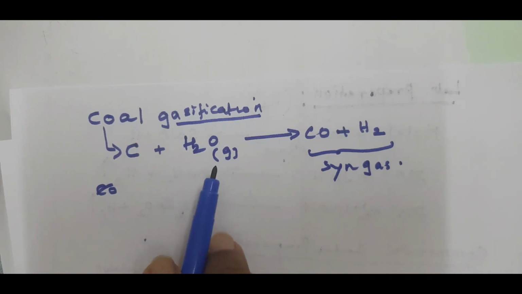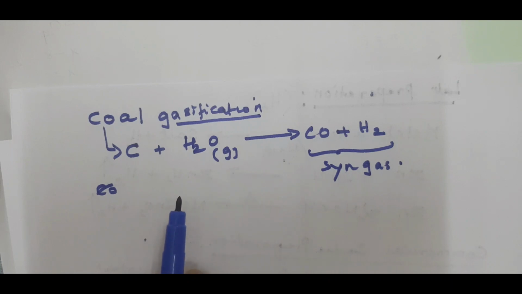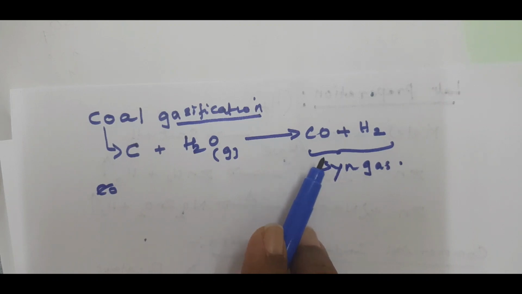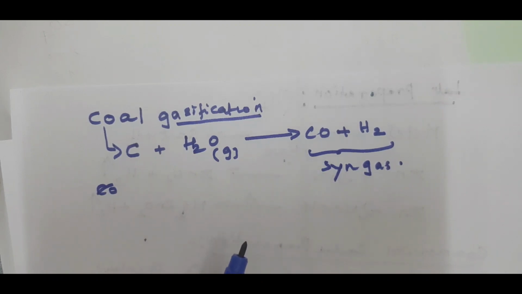Then you can have this syngas or synthesis gas. Correct? Okay. Now, you got carbon monoxide and hydrogen as the syngas.